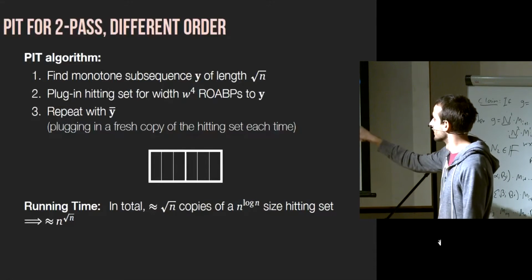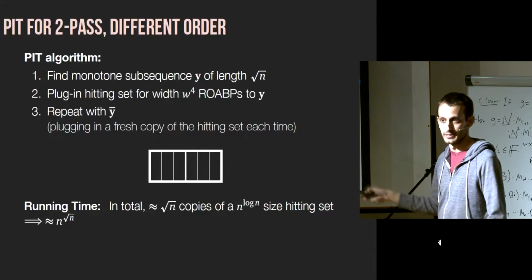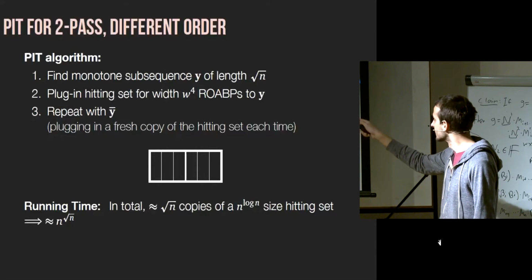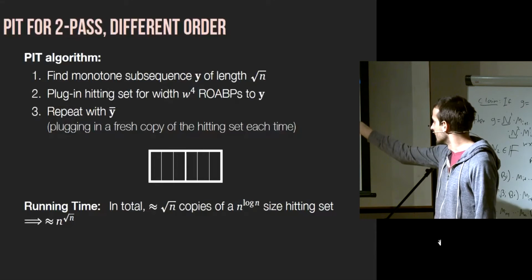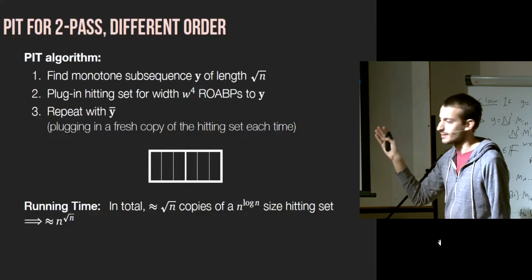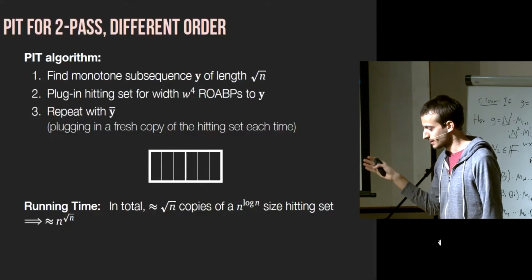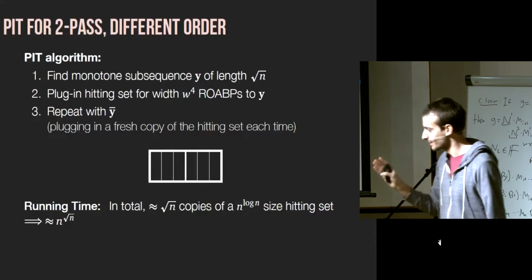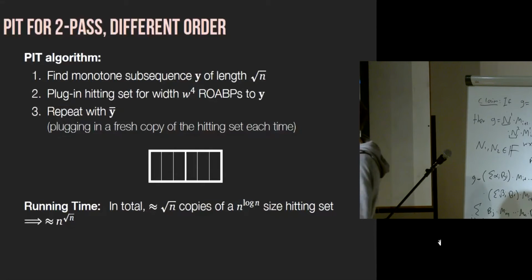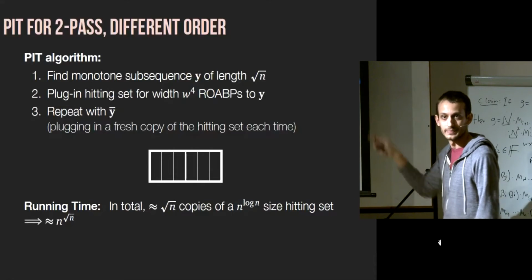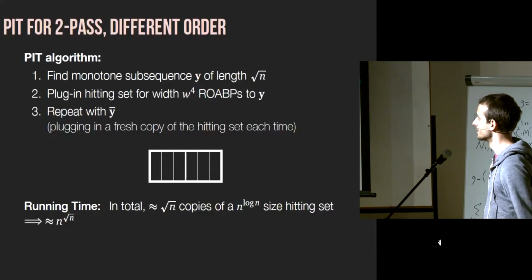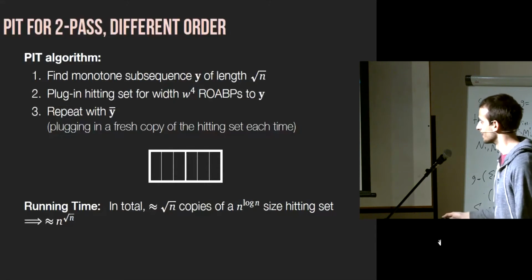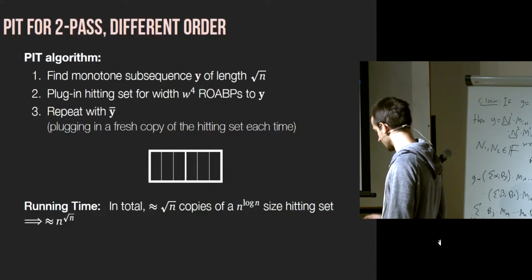You have roughly square root n iterations of this thing, and each time you plug in the log n size hitting set. This log n in the exponent, I mean, we have so many worse things going on in the exponent that this log n is the last thing you should worry about. So overall, you get n to the log n to the power of square root n, which I just wrote as n to the square root n because, yeah, I'm cheating a little bit, but that's okay.